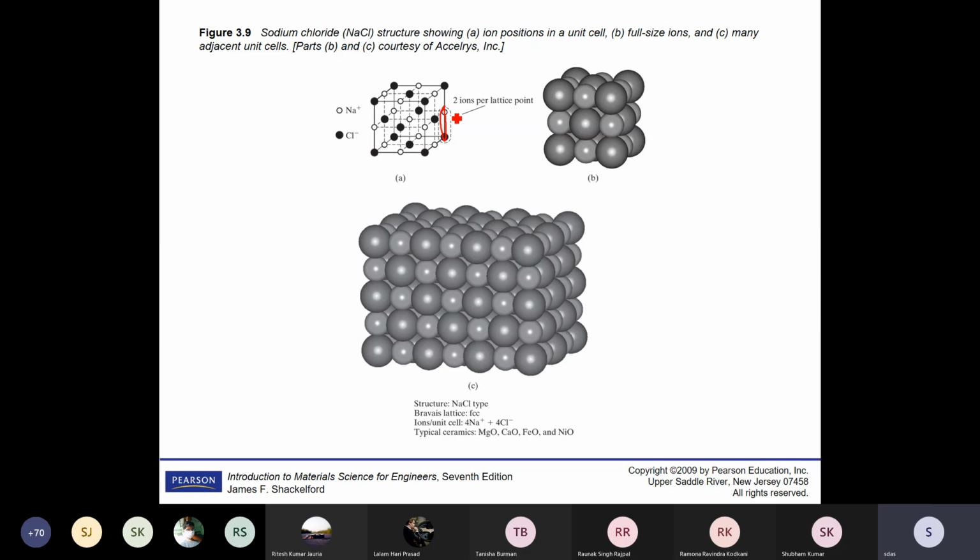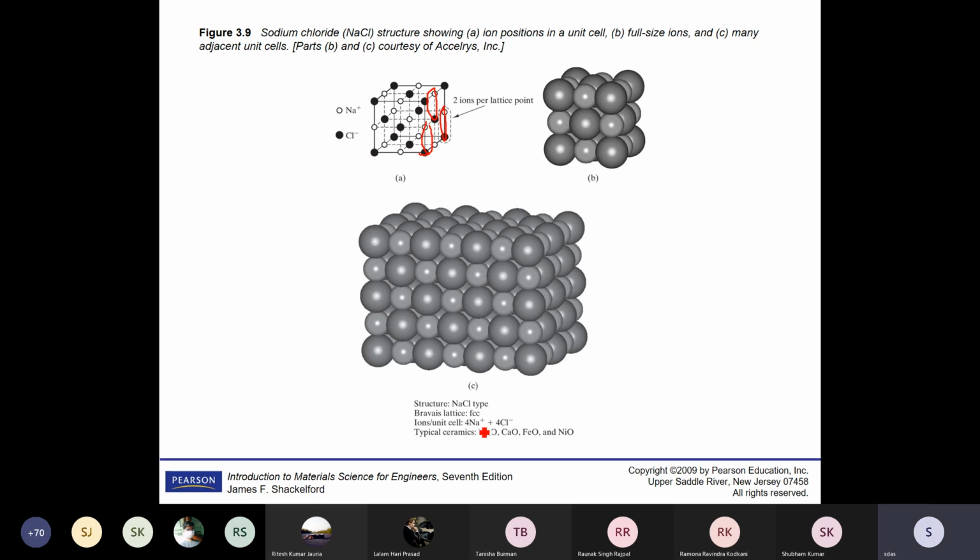Each pair is assigned to one of those 8 corner positions as well as face-centered positions. So the Bravais lattice is face-centered cubic.